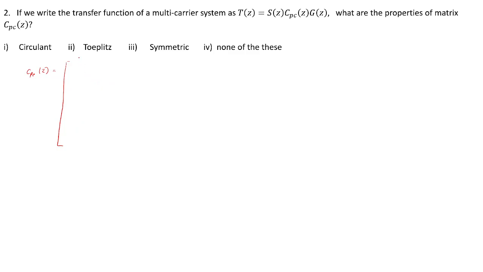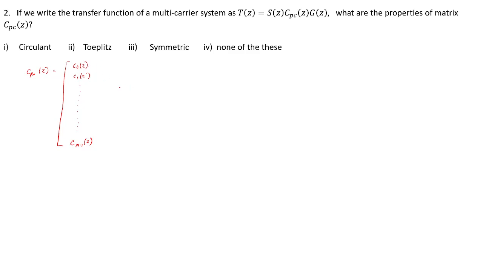Let me write down the first column: C0(z), C1(z), dot dot dot, up to C(n-1)(z). So this is the first column. Okay, what happens in the next column? These elements are shifted downward by 1 unit when you move from the first to the second column.